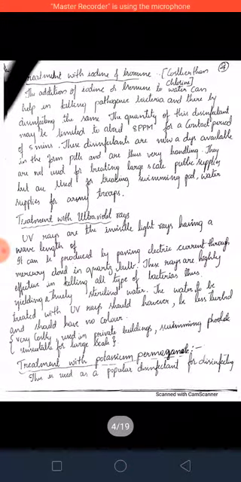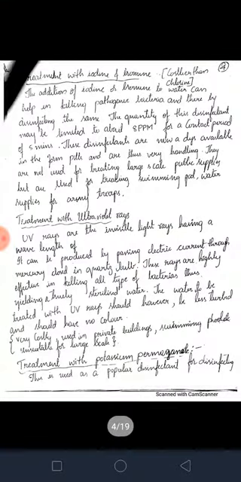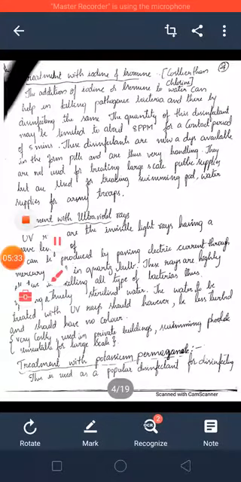The next treatment method of disinfection is treatment with iodine and bromine. The addition of iodine and bromine to the water can help in killing the pathogenic bacteria and thereby disinfecting it.